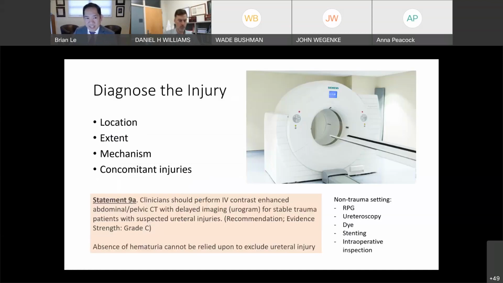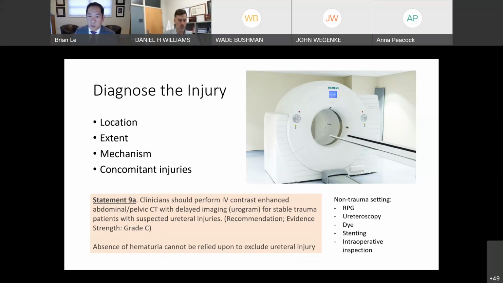So the first part is diagnosing the injury itself. You want to know the location and the extent. Which part of the ureter is involved? Do we say upper, mid, lower, distal ureter? The extent: is it a short segment? Is it a long segment? Is it an isolated segment? The mechanism: was this a relatively clean injury?